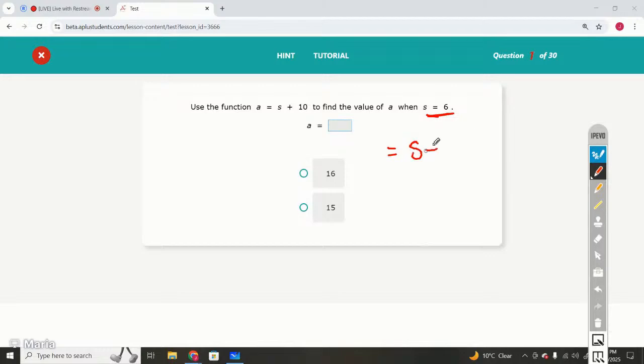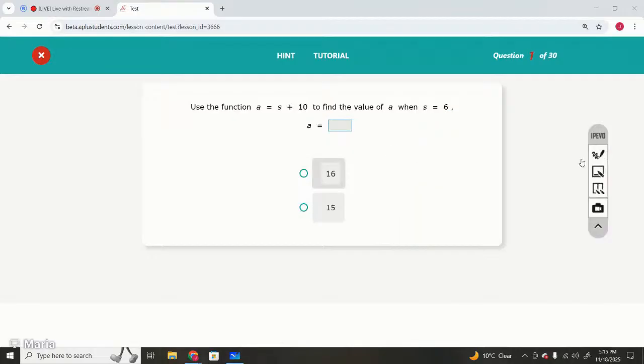So replace the variable s with the value that is 6. 6 plus 10 equals, so A equals 16. Very good, option number 1 is the correct option.